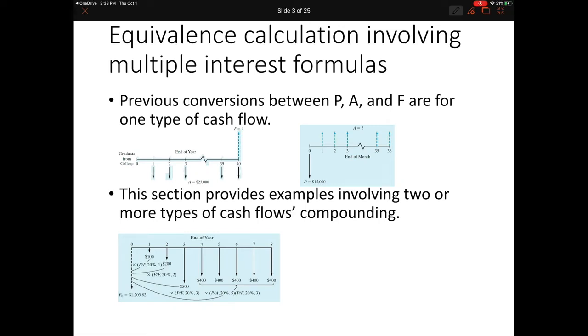We're going to learn evidence calculation involving multiple interest formulas. By multiple interest formulas, actually we are talking about multiple types of cash flows.